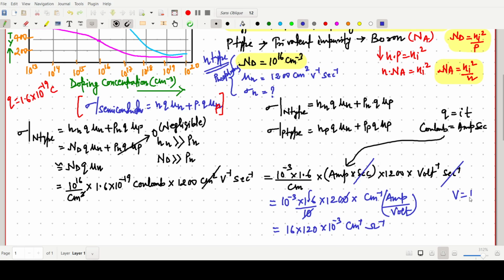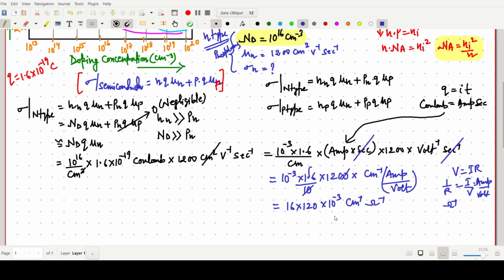Just think about V equals I R, so 1 by R equals I by V. This ampere by volt is our ohm inverse, or we can write it as Siemens.